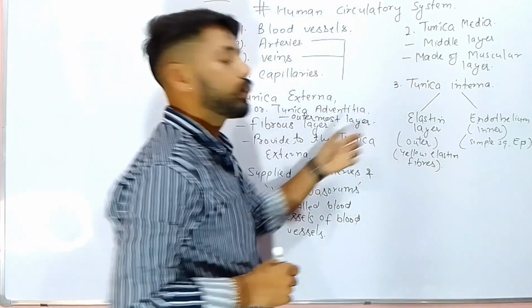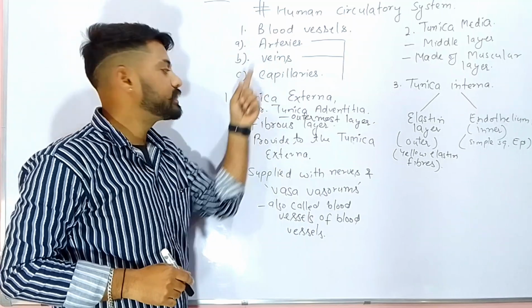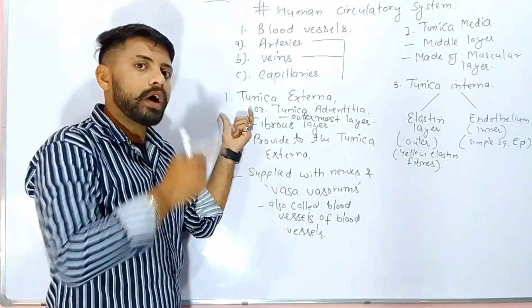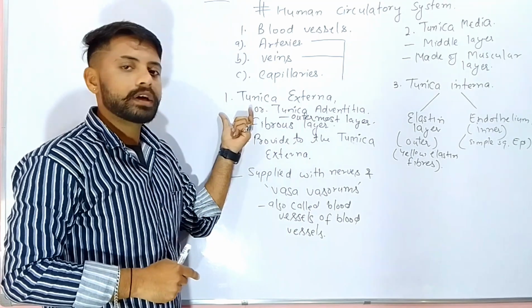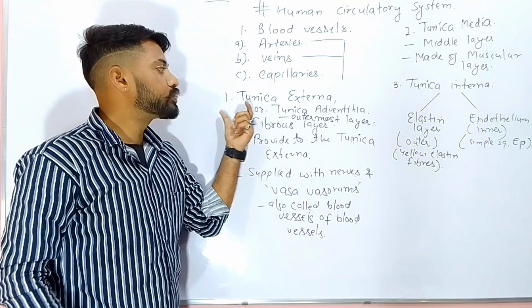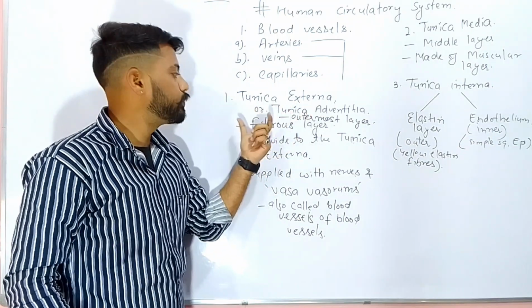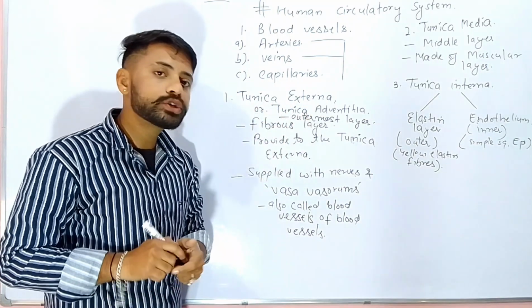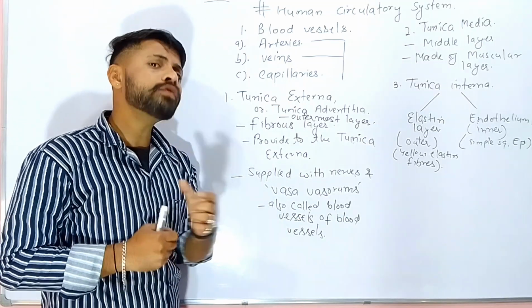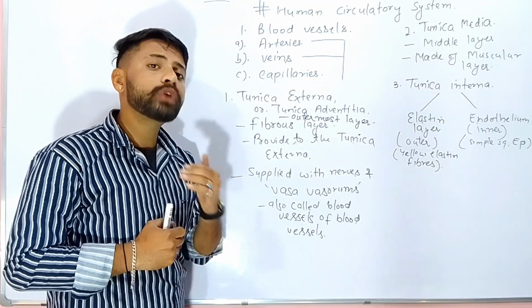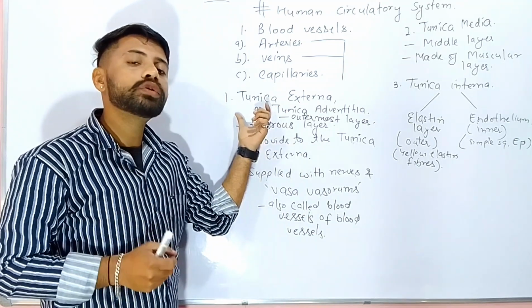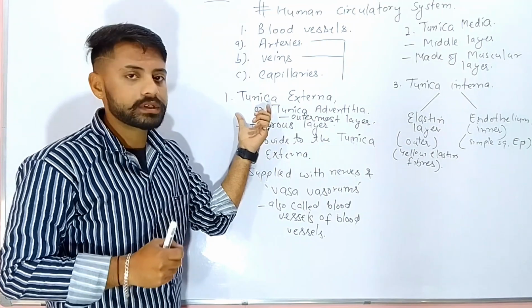So these are the three layers in arteries and veins. When we talk about the structure from outwards, the outermost layer is the tunica externa, also called the tunica adventitia. It is the fibrous layer, which provides strength, and it is supplied with nerves and the vasa vasorum.